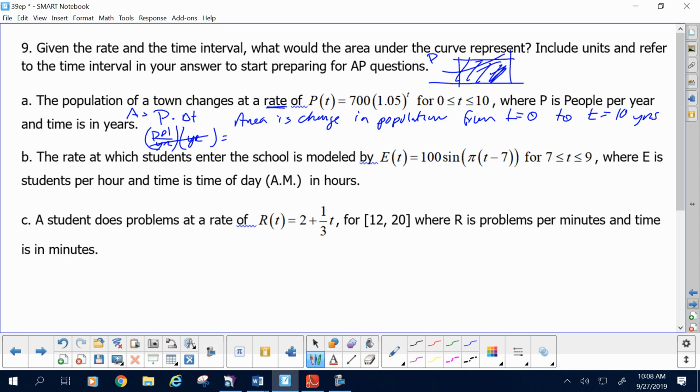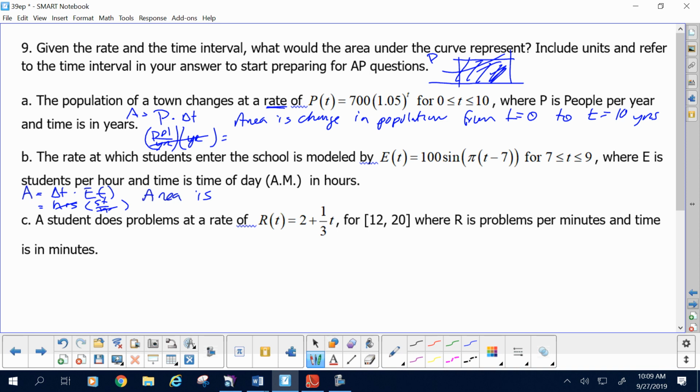Okay. Try one on your own. Try B. So what do you think?